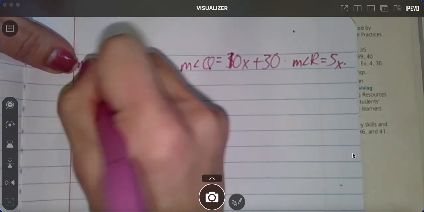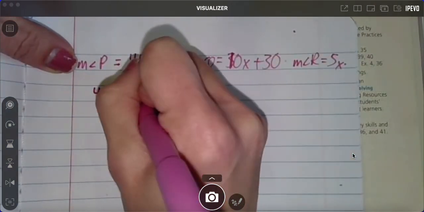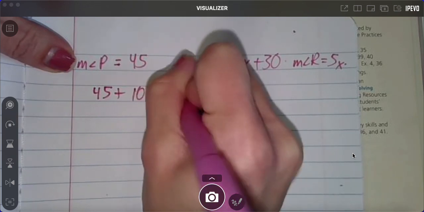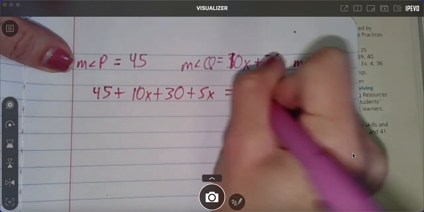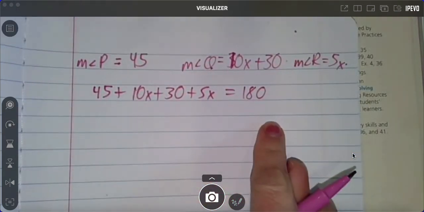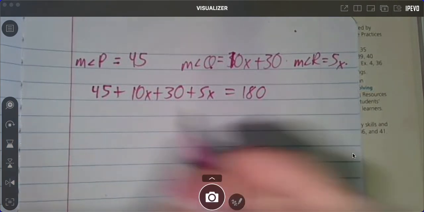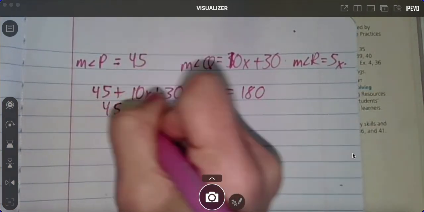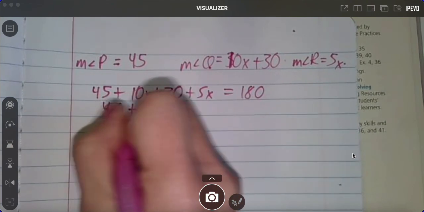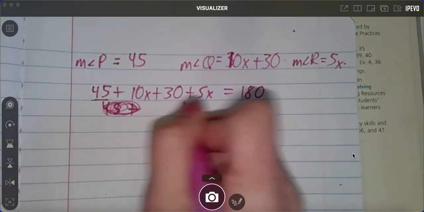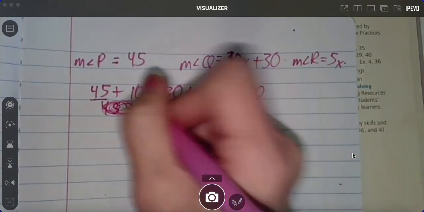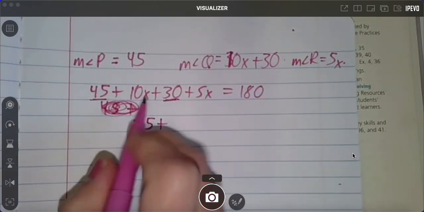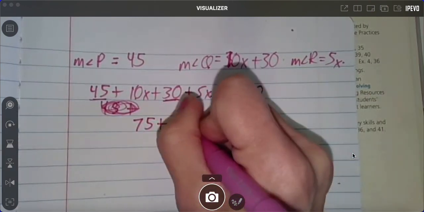So I would add these together. 45 plus 10x plus 30 plus 5x. And I know it's going to equal 180. Then I'm going to know each angle. So let's see, I should have done 45 plus 30. What's 45 plus 30? 75. And what's 10x plus 5x? 15x.